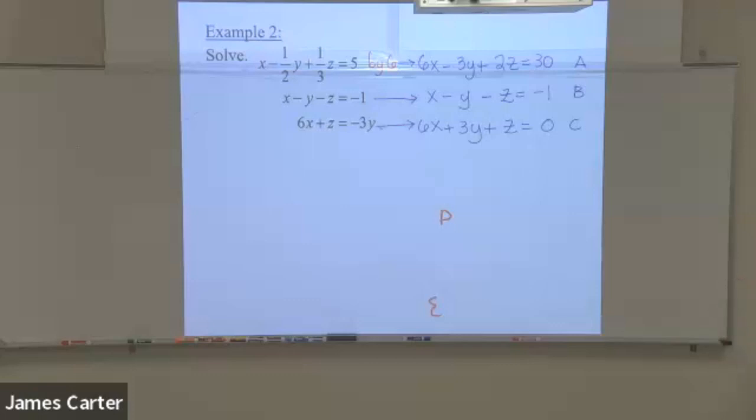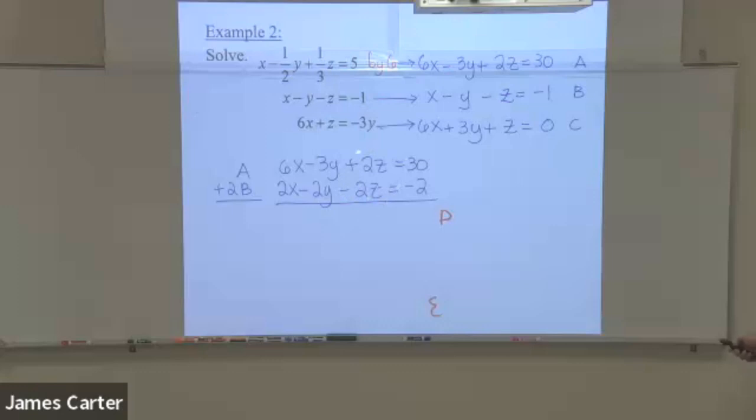Okay, so I'm going to find an opposite pair. I'm going to use A and B again. Now, because this is a 2 and that's a -1, I'm going to have to multiply this equation by 2, so I'll have a 2 in both places. So I took 2 times all of the B equation, giving me that.